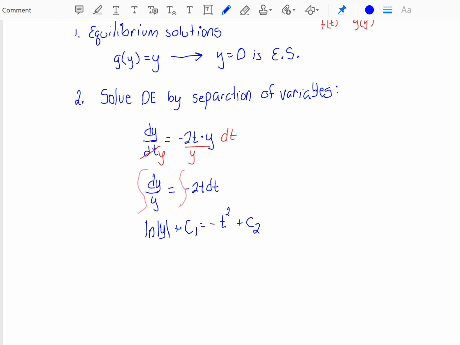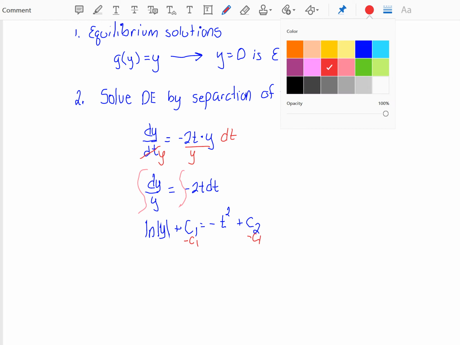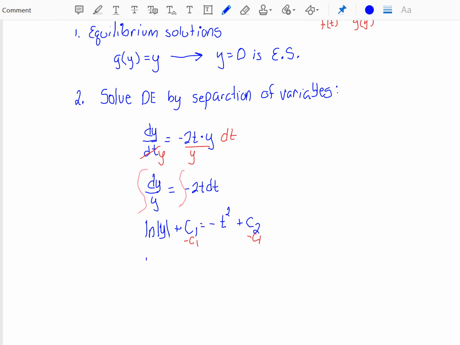Okay, let us now solve for y. To solve for y, you'd probably subtract the C1 from both sides. So we would have the natural log of the absolute value of y is just equal to negative t squared.